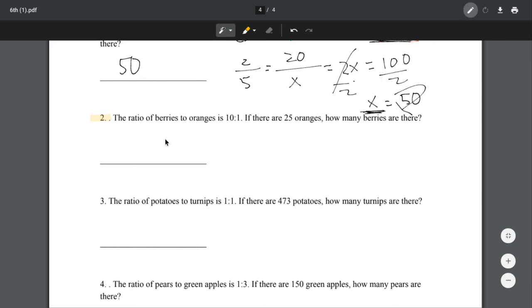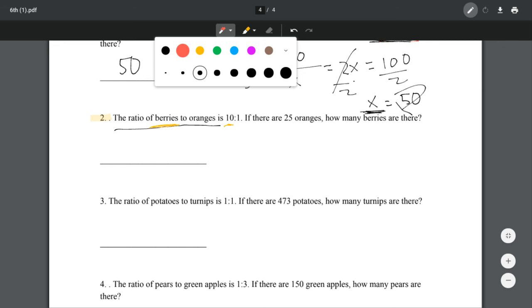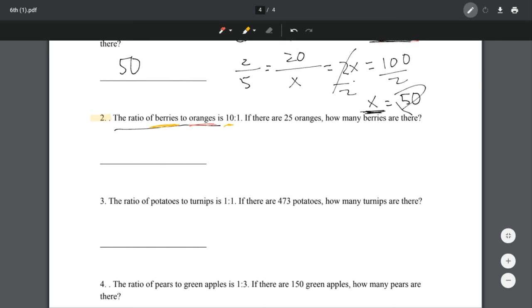Okay, let's look at number 2. So the ratio of berries to oranges is 10 to 1. So if there are 10 berries, then there is 1 orange. Okay, but if there are 25 oranges, then how many berries are there?